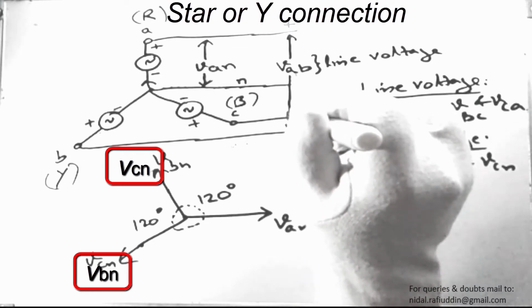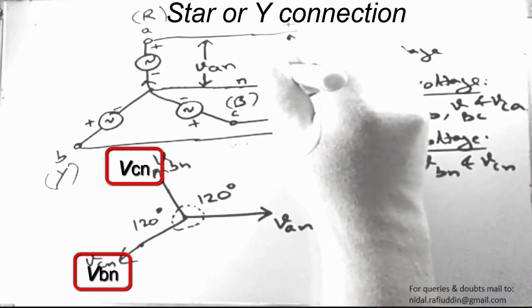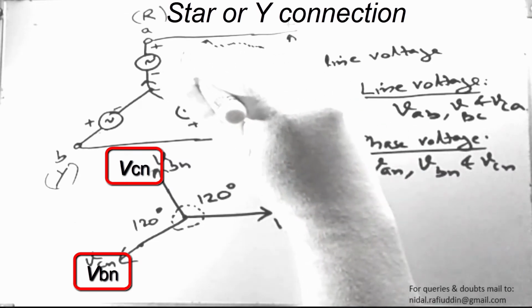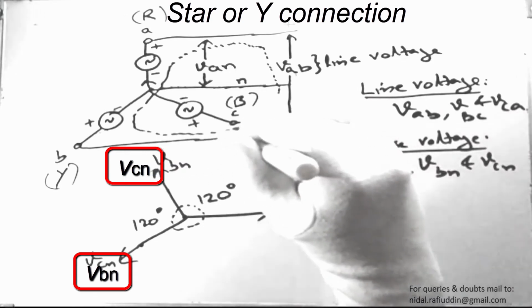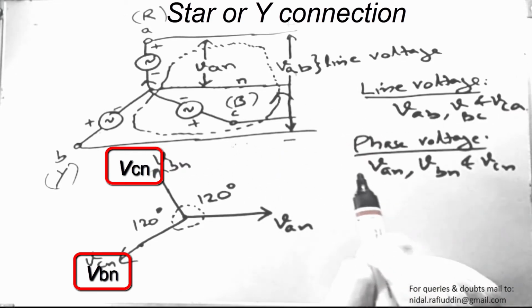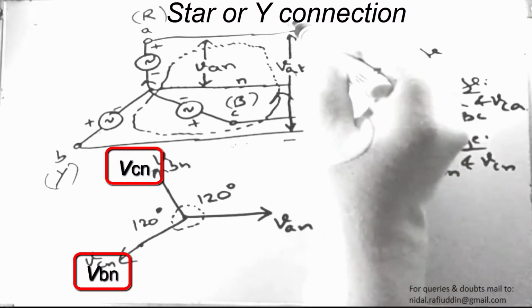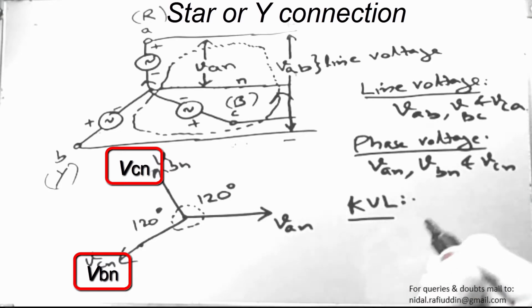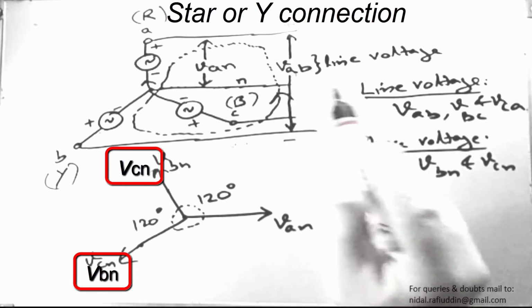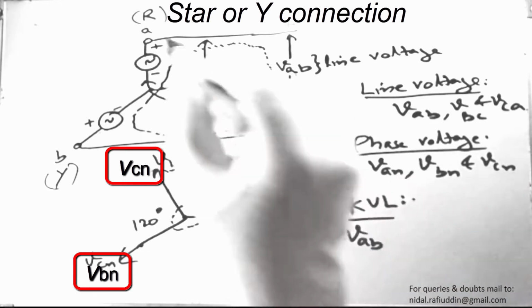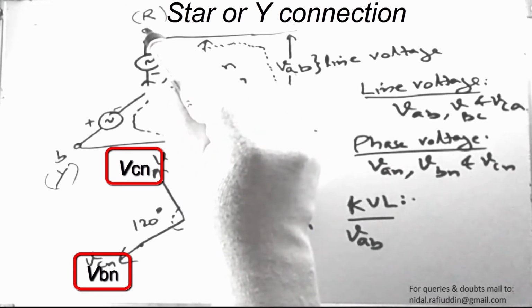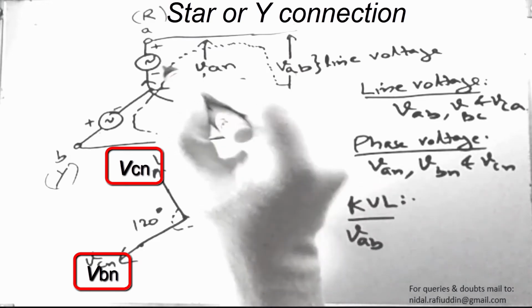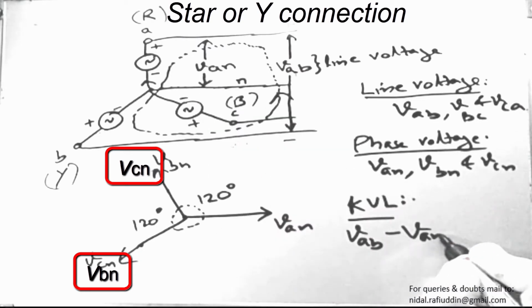Applying KVL to this loop to find the voltage VAB: starting from minus to plus, we have VAB. Then at this terminal we have plus, and this is minus, and the potential across this source is VAN, so we have minus VAN. And again minus to plus gives plus VBN, equal to 0.